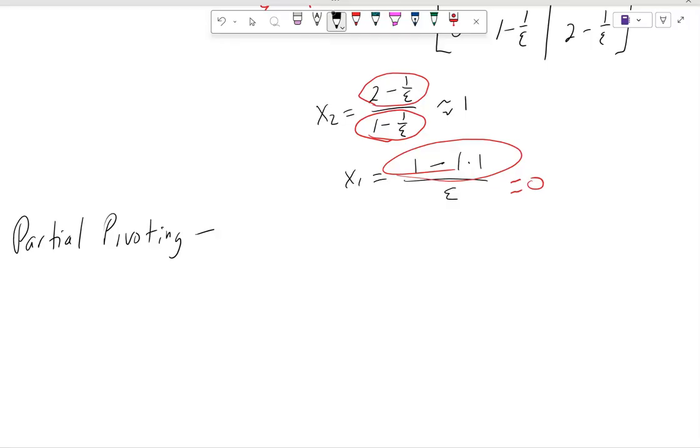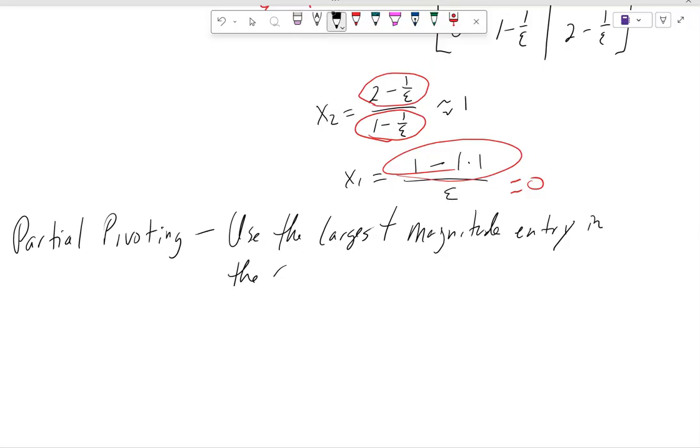You're going to use the largest magnitude entry in the column for the pivot. That's partial pivoting.